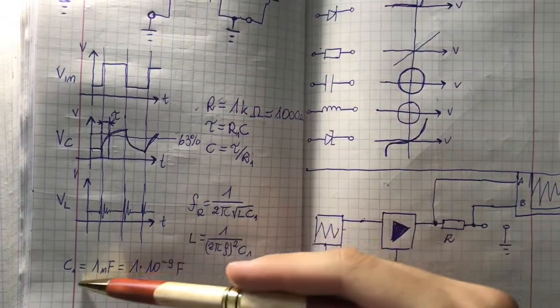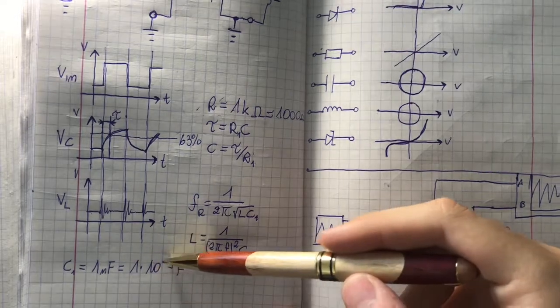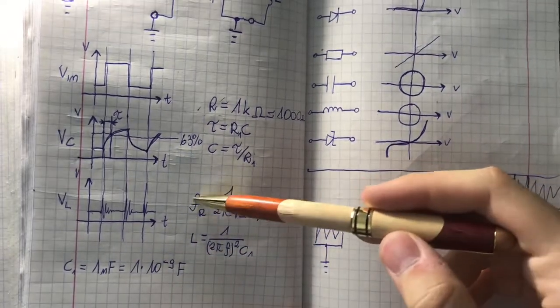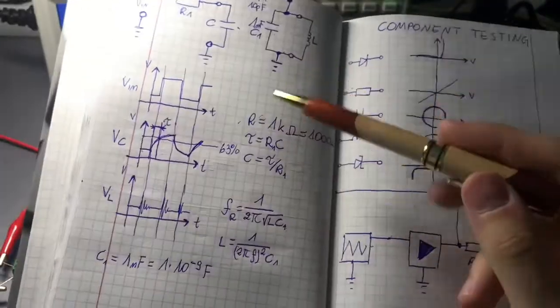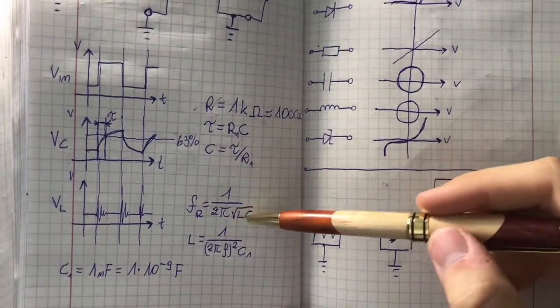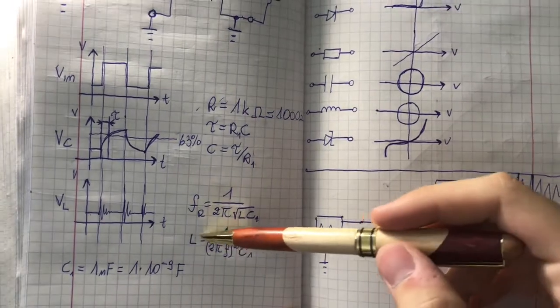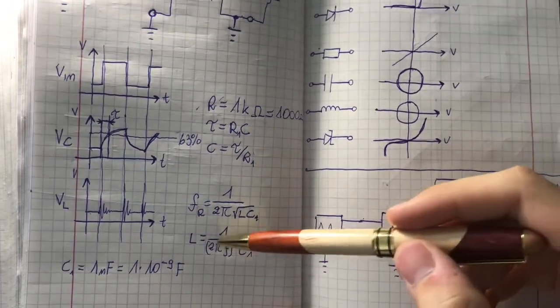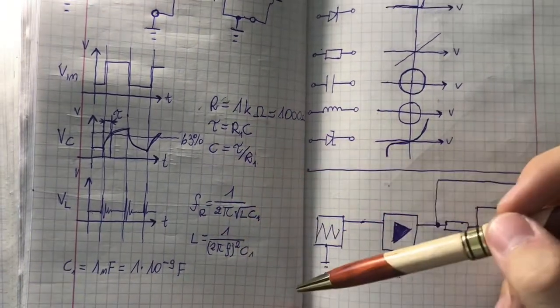The capacitance is 1 nanofarad, which is 1 times 10 to the minus 9. The resonant frequency of a parallel circuit like that is equal to 1 divided by 2 pi square root of L times C. And L will be equal to 1 divided by (2 pi f) squared times the capacitance.